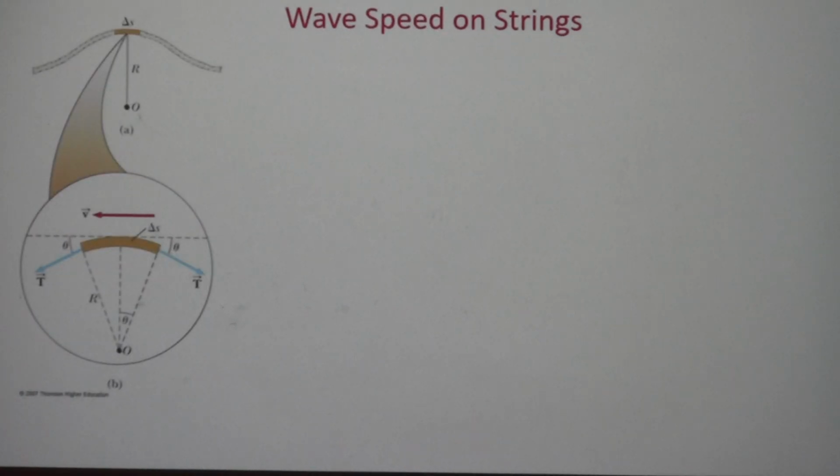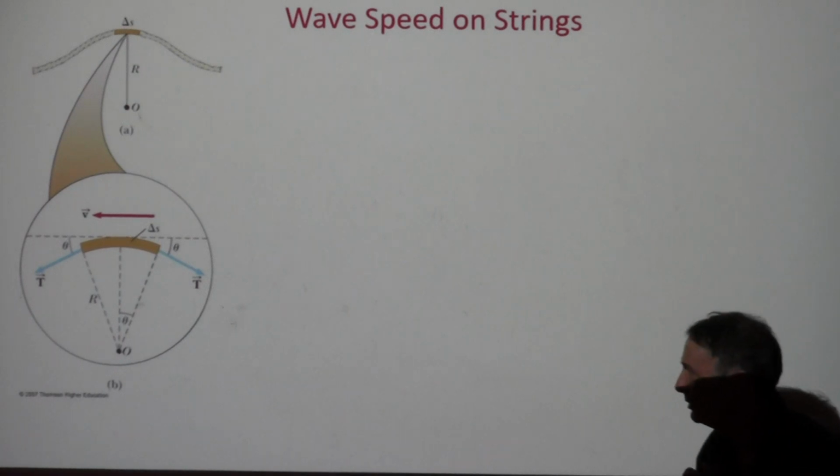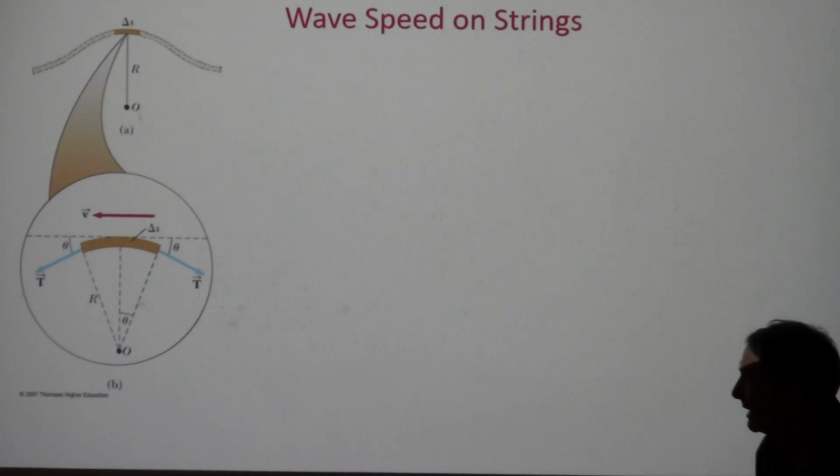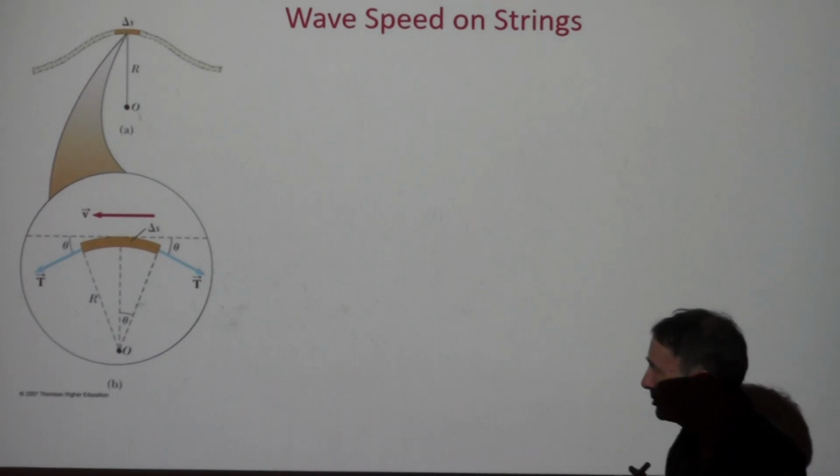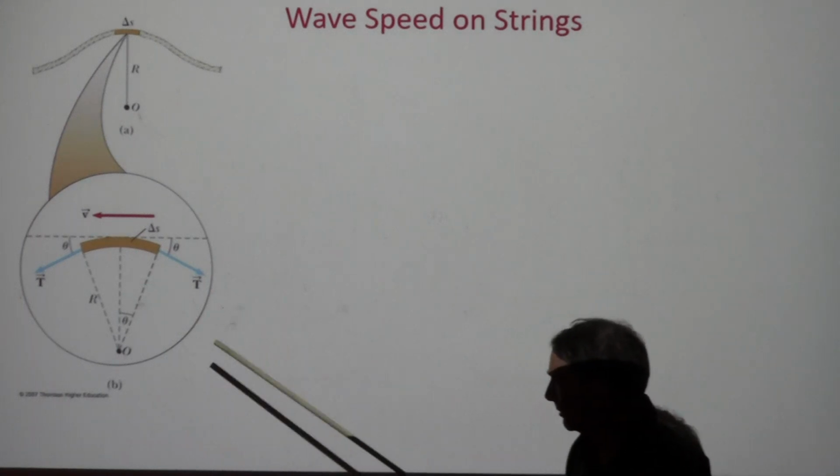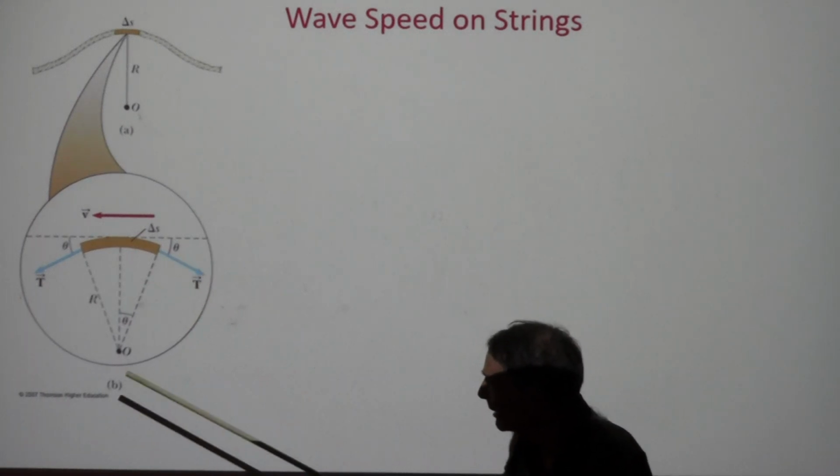Okay, as far as what determines the speed of the wave on strings, Dr. Young did a kind of quick and dirty derivation. There are better ones using the wave equation, which he didn't do until the last parts of this chapter, a little more satisfying maybe to your more mathematical types.